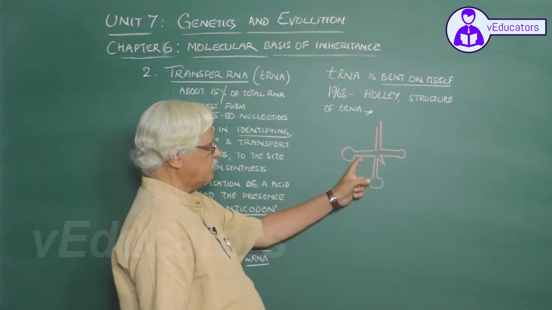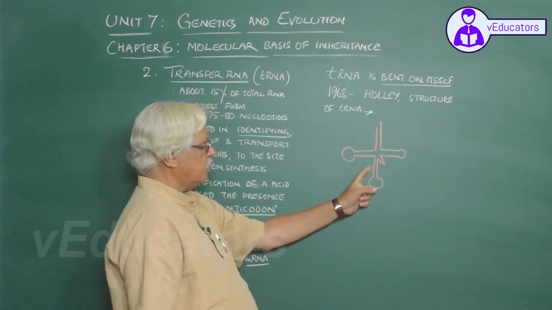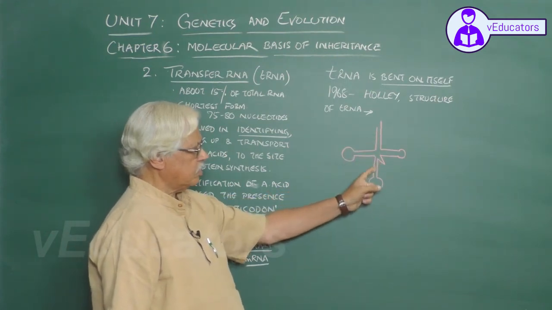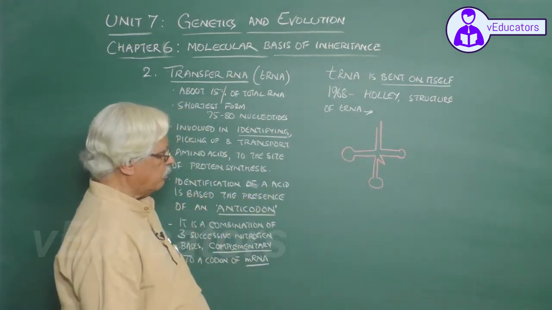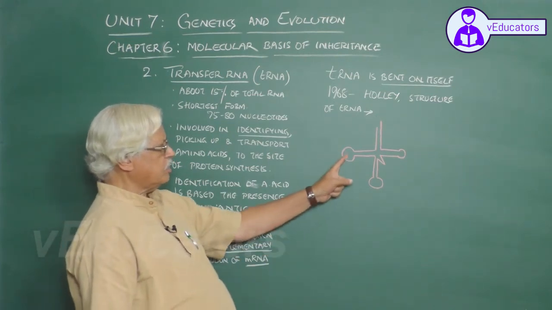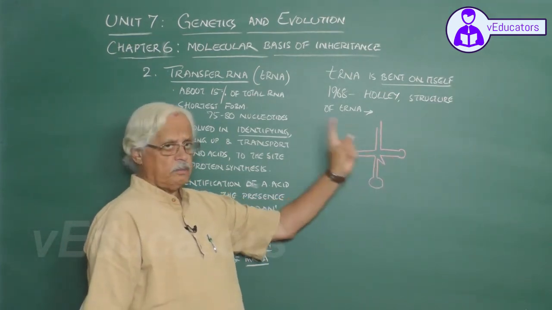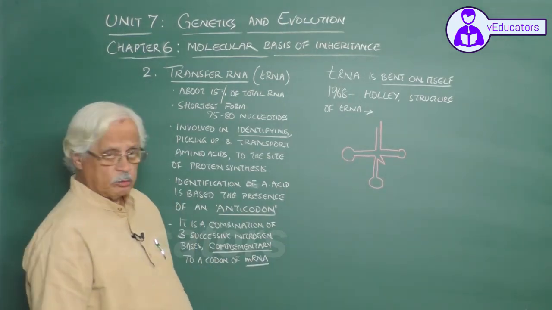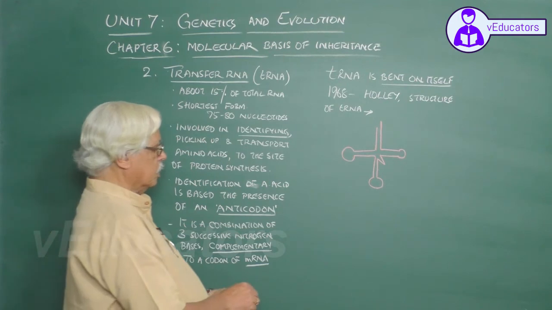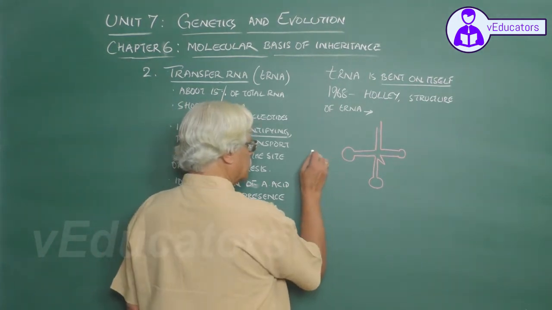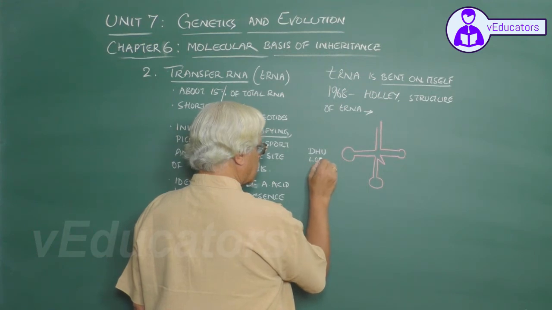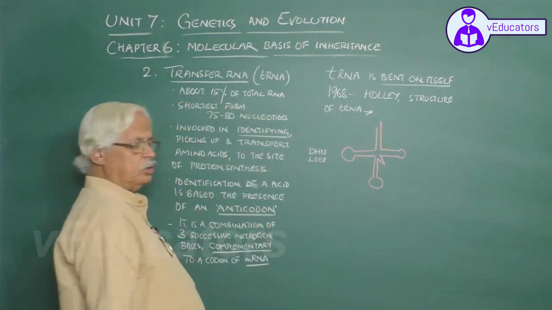Therefore, at some of these regions, the nitrogen bases pair with each other according to the base pairing rule, and there are regions where unpaired nitrogen bases are present, forming loops. This loop is called the DHU loop.